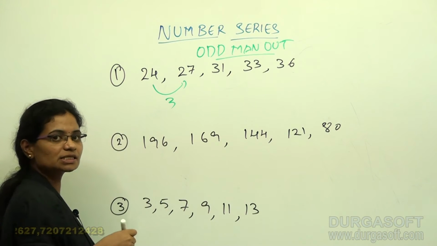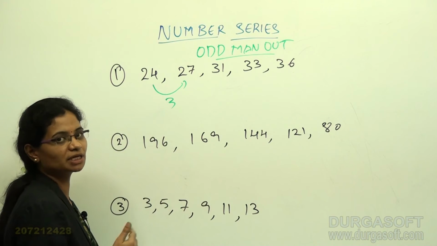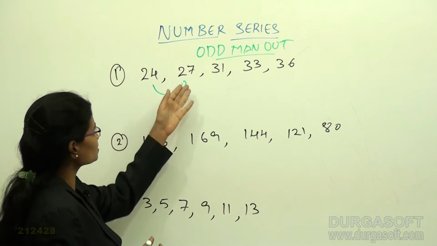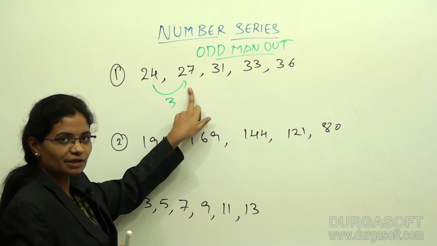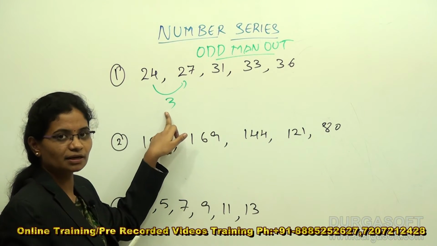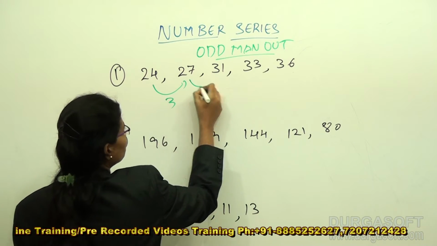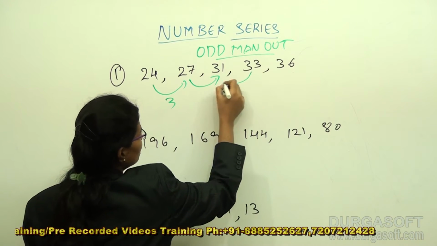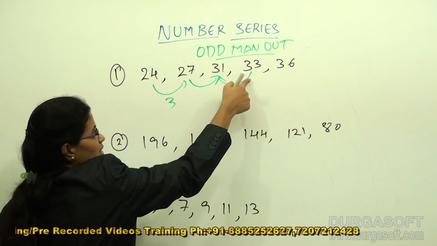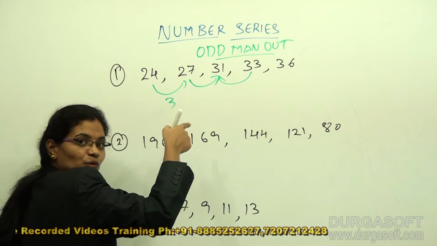The odd man out, as we have already discussed, is the number which is disturbing the series. Here in this first series, if you subtract, we are getting a difference of 3, and from the next number if you subtract, you are getting 4. But from the fourth number to the third number, it is again a difference of 3.